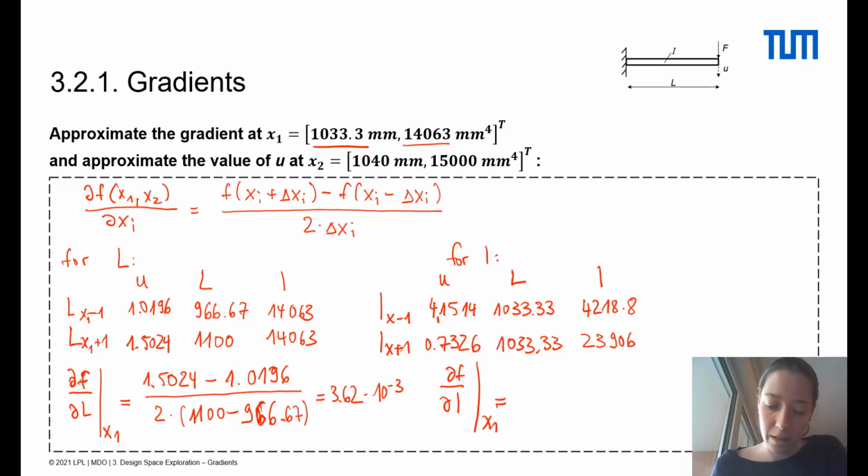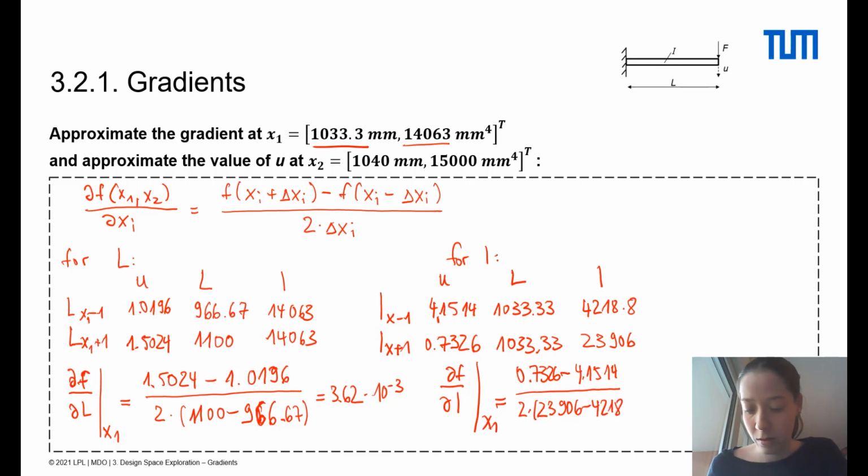at x1 is this minus this. So the displacements at the two different points over 2 times the delta, and this is approximately equal to minus 1.74 times 10 to the minus 4, 1 per millimeter to the power of 3.